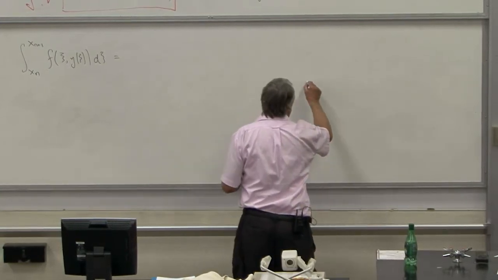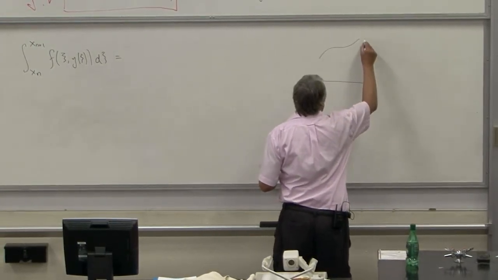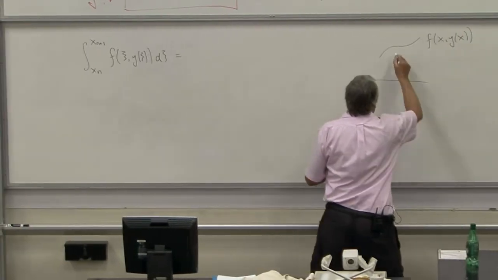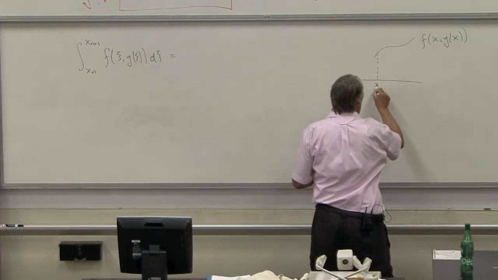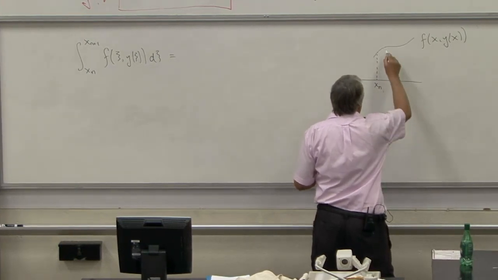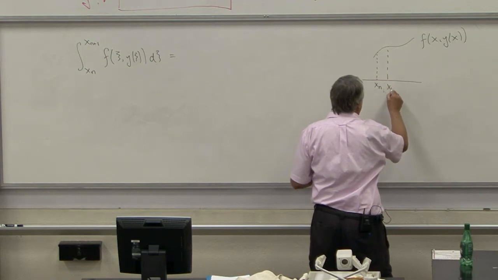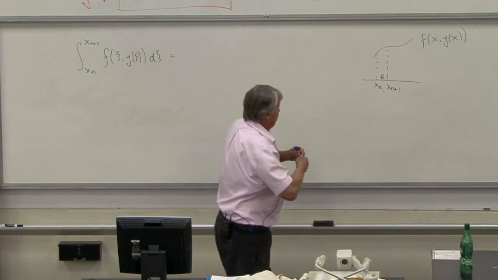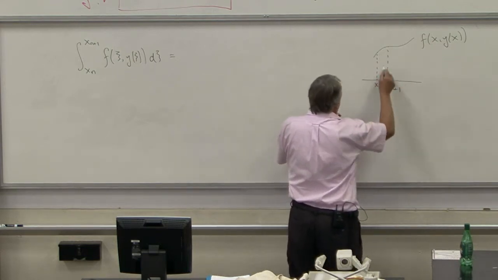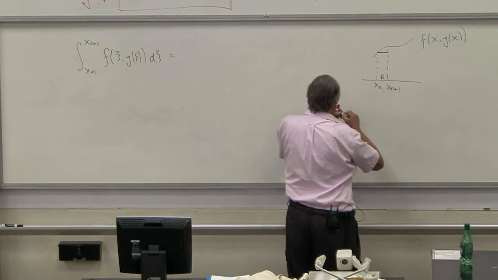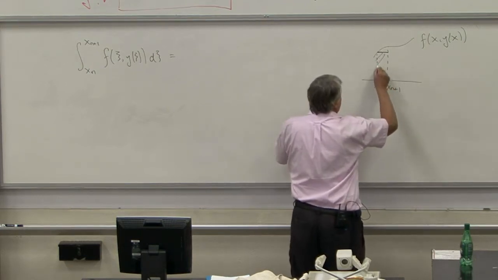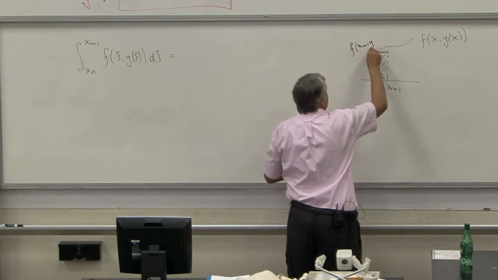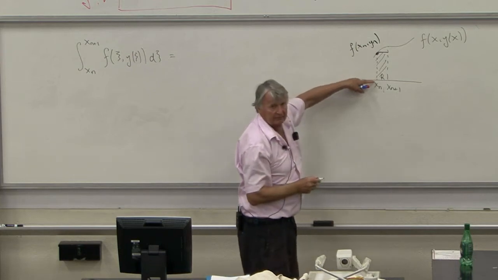So let me draw this again. So here's my function f of x and y of x. It's just a function of x. Here is xn, beside it is xn plus 1. They're a distance h apart. This gentleman here has said, okay, here's the area. I'm going to approximate it by taking this value here, which is f at xn, yn, that height, and multiplying it.